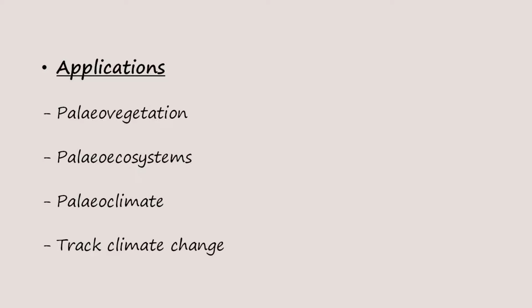While in this particular study looking at the late Quaternary, you can use pollen analysis to reconstruct vegetation and track the climate change and how the ecosystems responded to that climate change, as well as determine whether there were any major anthropogenic influences from settlements and fires and agriculture.